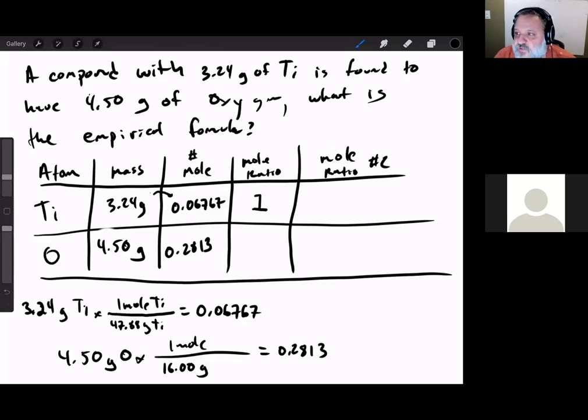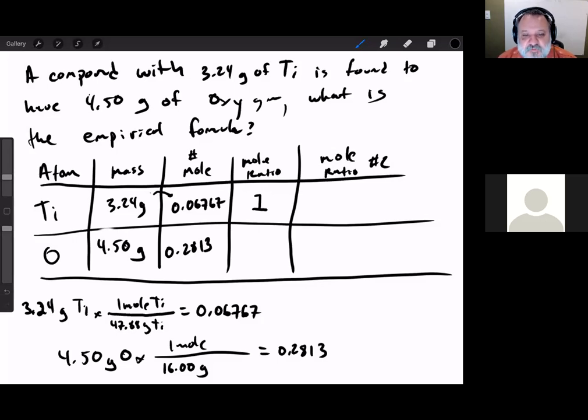Yeah, so this is an important point, I think, that is brought up, and I think it's definitely worthy of talking about. With these types of problems, you don't want to do any rounding. And the reason you don't want to do any rounding is that you need as many digits as possible to avoid rounding errors.